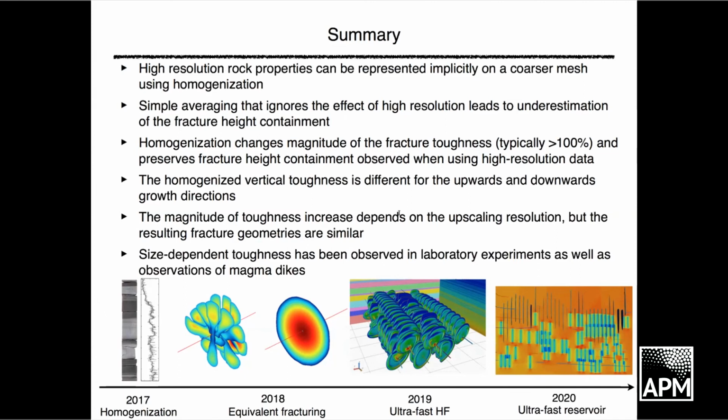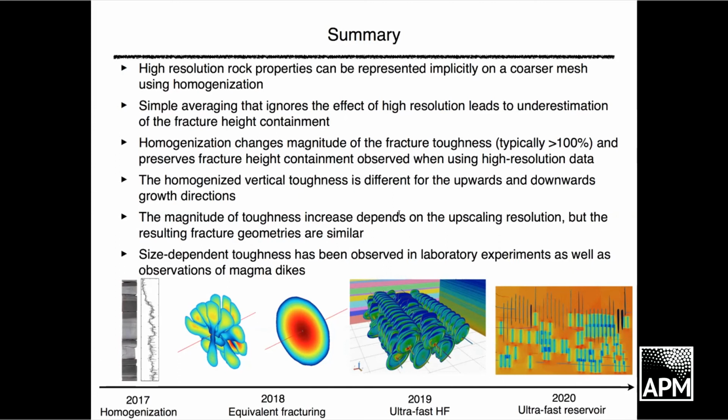And actually, we already had a little discussion that we have some uncertainties in the model, I mean, in the data, and this is one of the reasons why we decided to go with this ultra-fast hydraulic fracture model. What's the point of running a full-scale, very accurate model if your data is uncertain? But we still want a systematic way of representing this data in the model, so that ideally you would do multiple realizations, or what-if scenarios, to see if this is real or what the effect is.